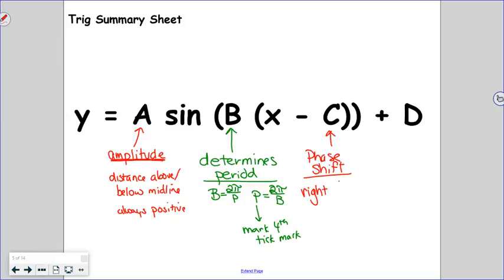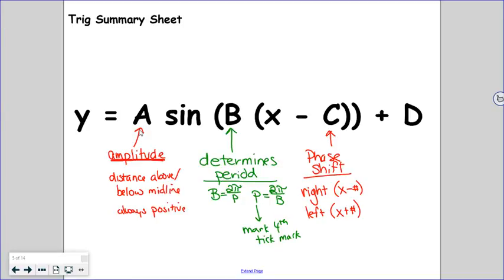It'll move my graph right if inside of there it looks like x minus some number. It'll move my graph left if inside of my parentheses it looks like x plus some number. Remember, when we identify C, it's always opposite of what is in the equation. Which you can write for yourself there if you want to.